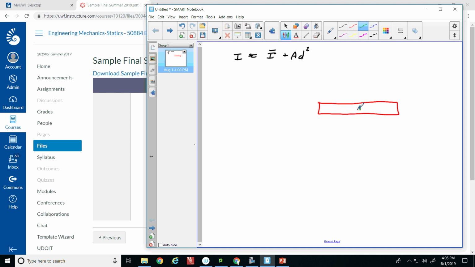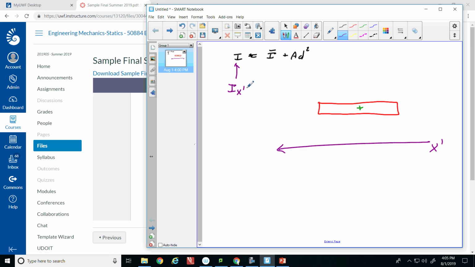The center of a rectangle is something like that. And let's say you want the moment of inertia about some other axis like this. We'll call it the x prime axis, and we could call this I x prime.